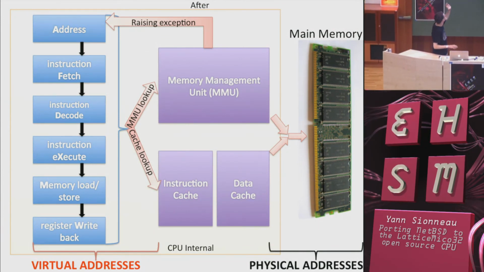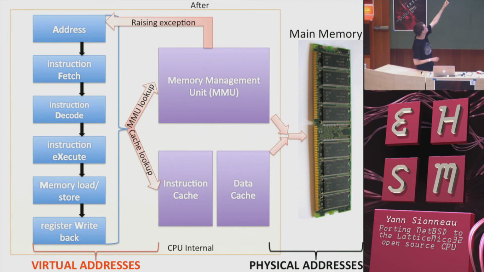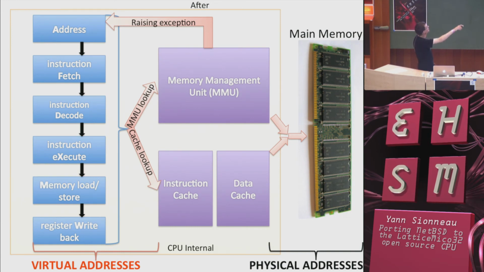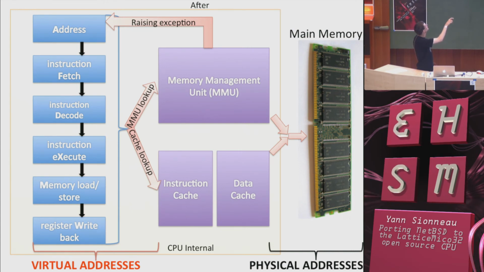If we don't want to lose time here, we want both the MMU lookup and the cache lookup to be simultaneous, because we don't want to lose time in this path. So to allow it, we need to index the MMU with what we have, the virtual address here. And then we also have to index the cache with the virtual address. So both are virtually indexed.